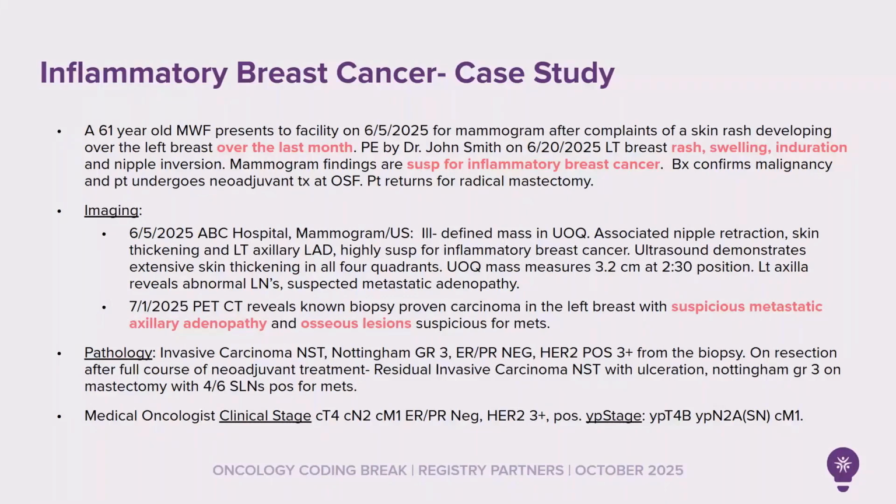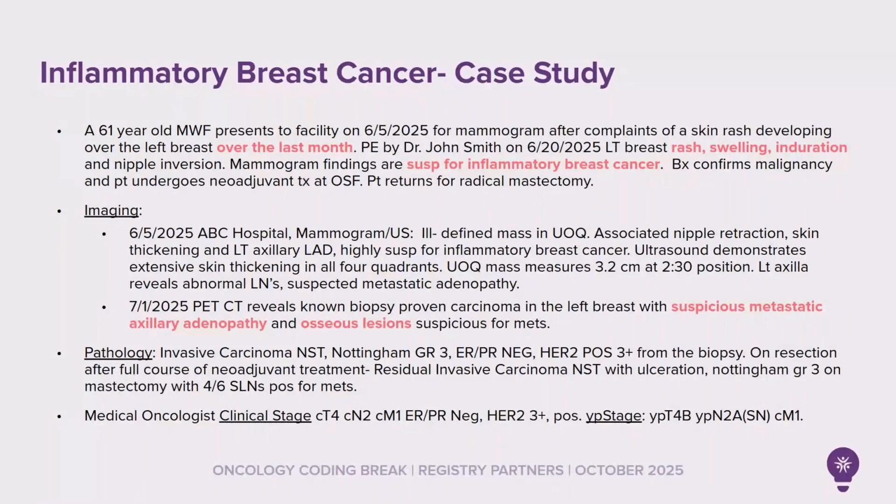In the imaging on 6/5, the mammogram shows an ill-defined mass in the upper outer quadrant, associated nipple retraction, skin thickening, left axillary lymphadenopathy, highly suspicious for inflammatory breast cancer. Ultrasound demonstrates extensive skin thickening in all 4 quadrants, an upper outer quadrant mass that measures 3.2 centimeters at the 2:30 position. Left axilla reveals abnormal lymph nodes suspected metastatic adenopathy.